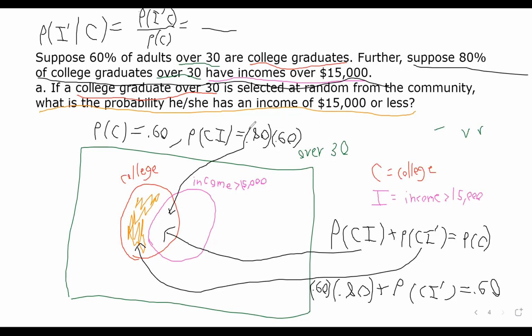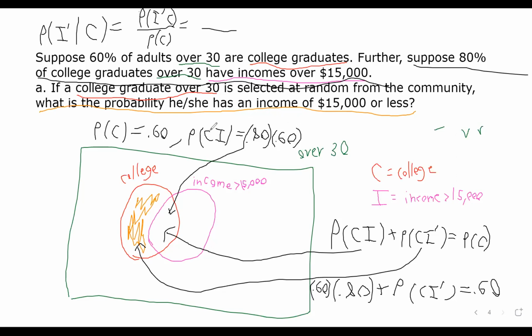The probability of CI is the probability that you're a college graduate over 30, which is 0.60, and also have an income over 15,000. No, not that: 80% of college graduates over 30. So 80% of the 60% have incomes over 15,000.